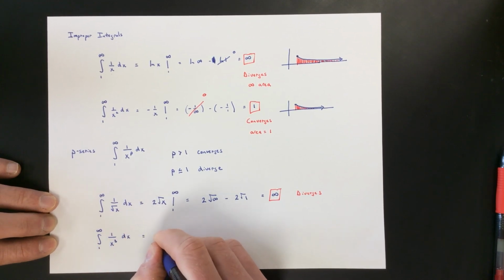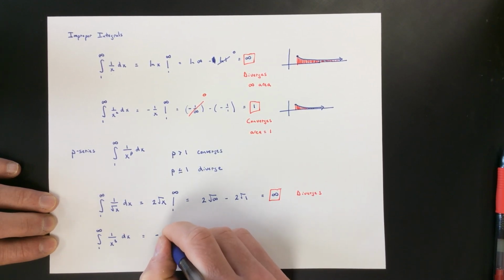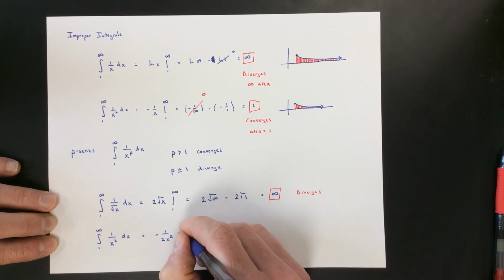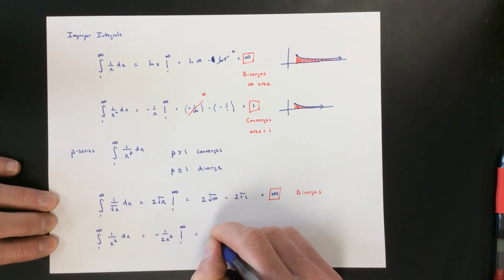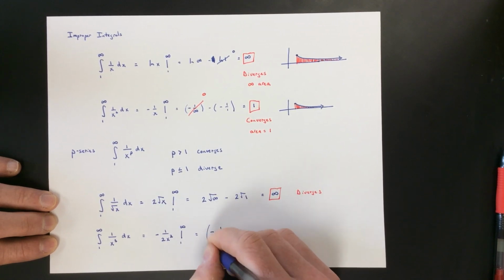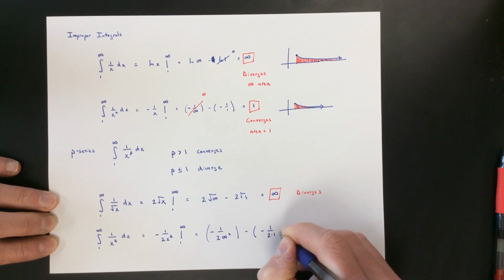Well, then again, when you integrate, you're going to increase the power and divide, so you're going to get negative 1 over 2x squared. And that's me dividing by the new power to get a negative 2, increasing the power from negative 3 to negative 2, but then evaluate from 1 to infinity. Again, you're going to get negative 1 over 2 times infinity squared minus negative 1 over 2 times 1.